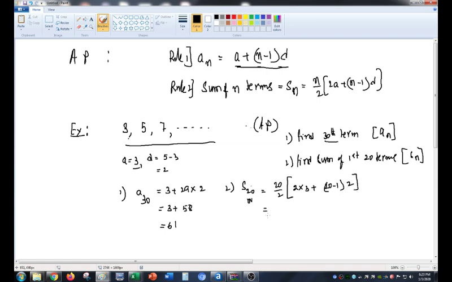In this, the very important thing is writing the correct formula and putting in the exact values. Almost everybody is good at this, so there is no problem. So 10 into 2 times 3 is 6, plus 19 into 2, 38. So 38 plus 6 is 44, so it is equal to 440. That means the sum of the first 20 terms is equal to 442.